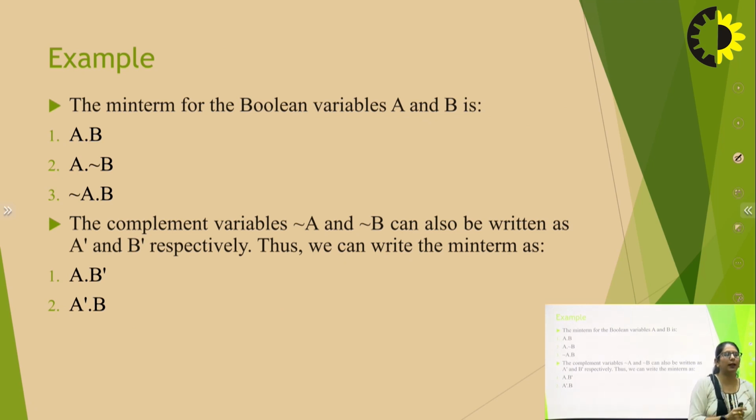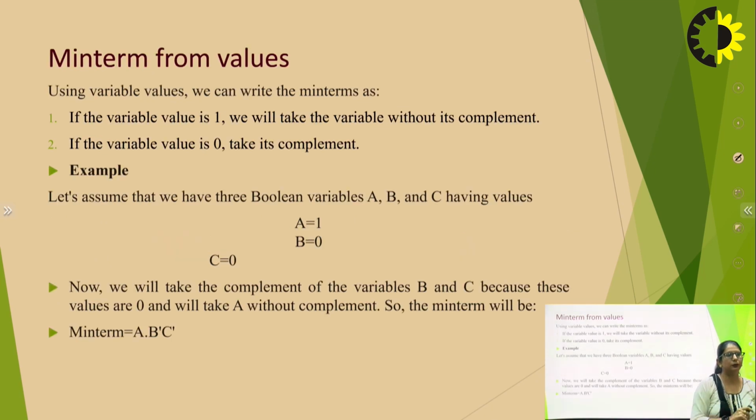So if we apply the dot operator, the possible minterms we can have are A dot B, A dot B bar, A bar dot B. The complements A bar and B bar can also be written as A dash and B dash, with a little hyphen above, right?